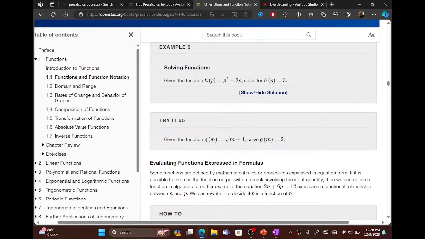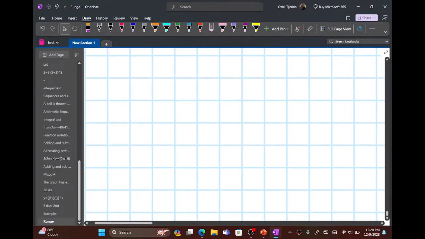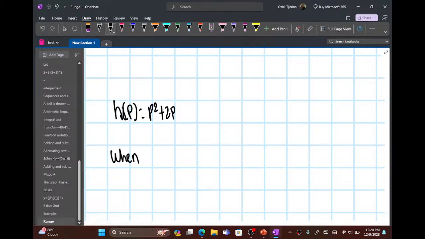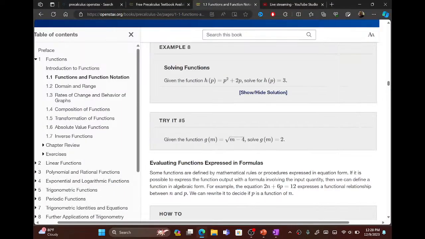So this one, try it number 5. If I look at the h of p is p squared plus 2p. So let's go ahead and do it again. This means when, oh, and actually, I'm sorry, h of p is equal to 3.